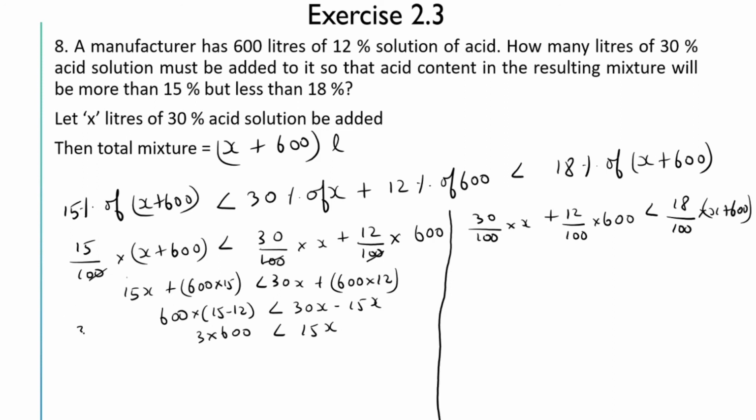So when we simplify 3 into 600 by 15, we get 120. So 120 less than x.